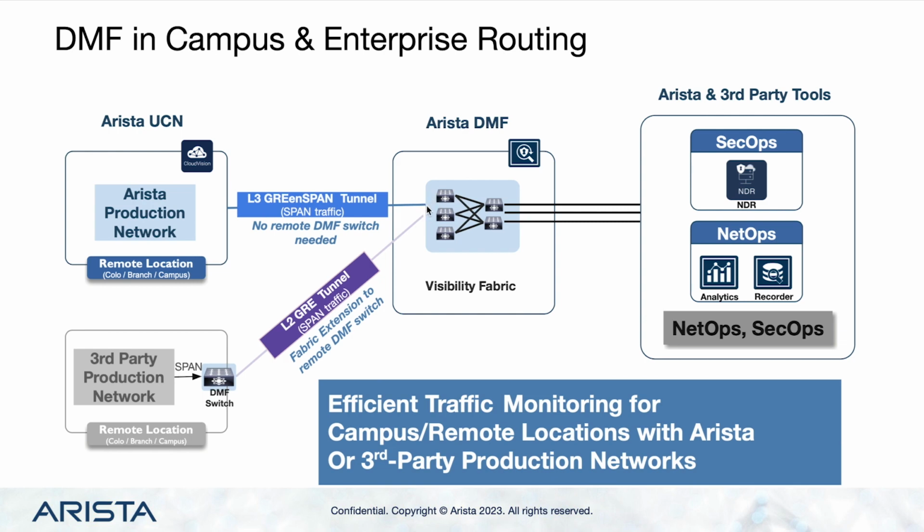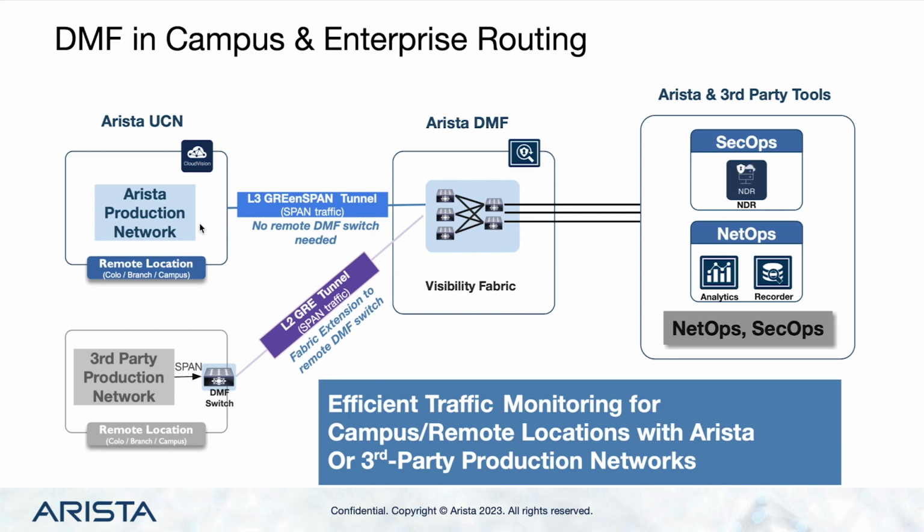That's going to be a physical interface that connects into the production network. I'm going to put an IP address on that tunnel interface so that when I go to the remote location, I set up my monitor sessions or span, and the destination for that is actually going to be a GRE tunnel. That GRE tunnel will have a destination IP address of the DMF switch back at the primary data center.